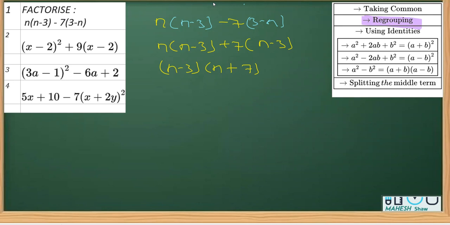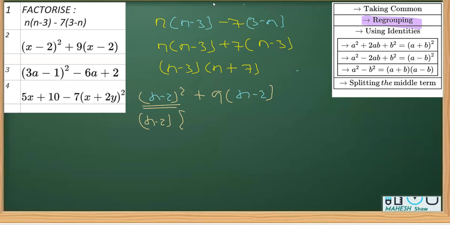Now coming to the second part. The question is (x − 2)² + 9(x − 2). So clearly x − 2 is common. This is x − 2 squared, and we have x − 2 here also, so we can take x − 2 as common.